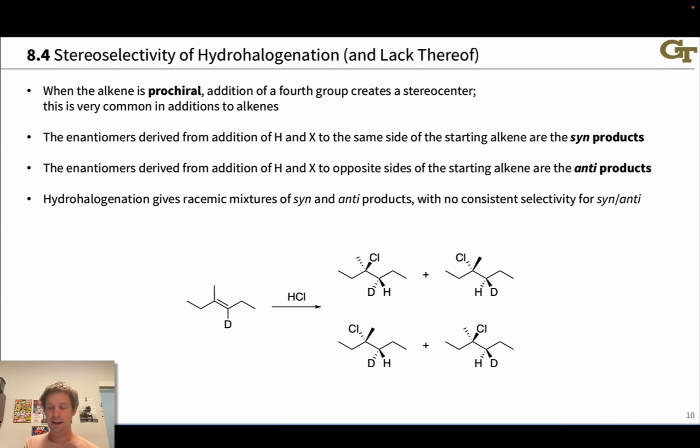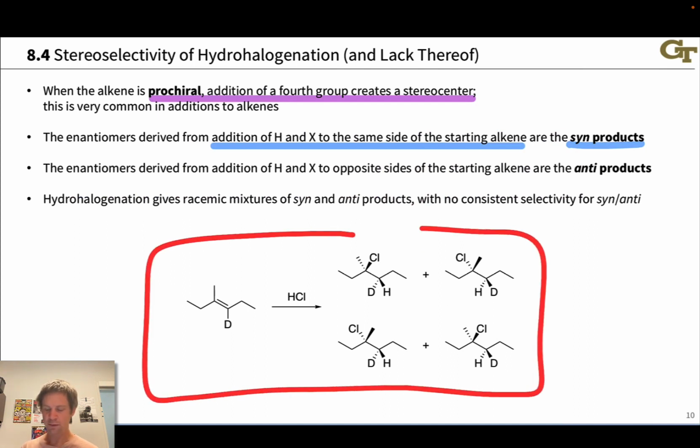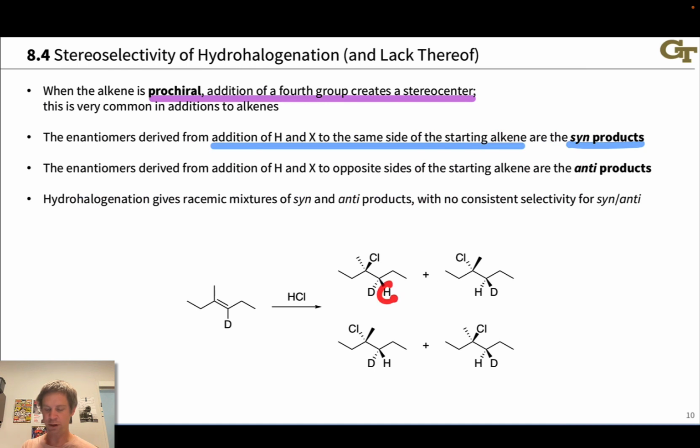When in a hydrohalogenation, H and X add to the same side of the starting alkene, we get what are called the syn products, or this is referred to as syn addition, when the two groups add to the same side of the alkene. For example, in this reaction here, the top two products come from addition of H and Cl to the same side of the alkene.